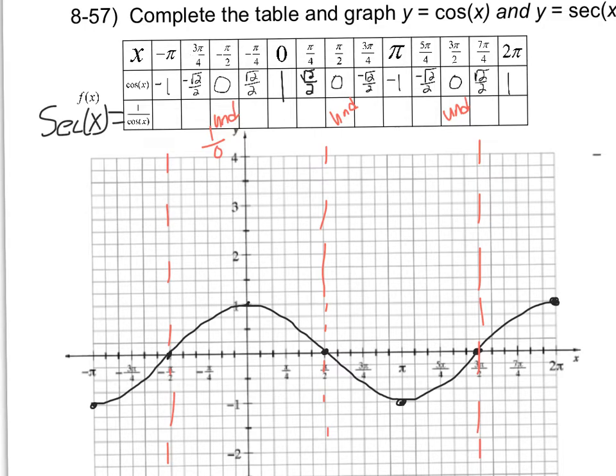So wherever there was this hump in the cosine, we are going to create a bucket for the secant.